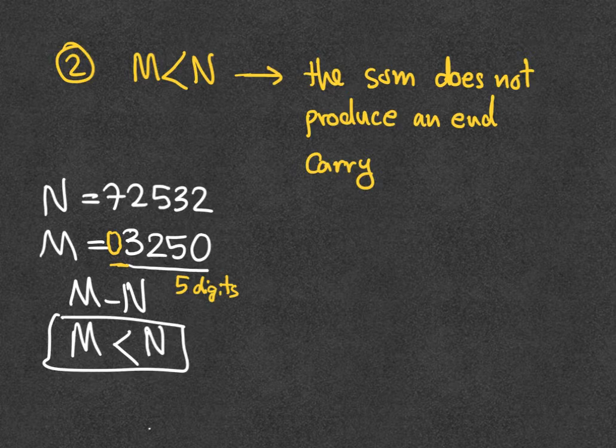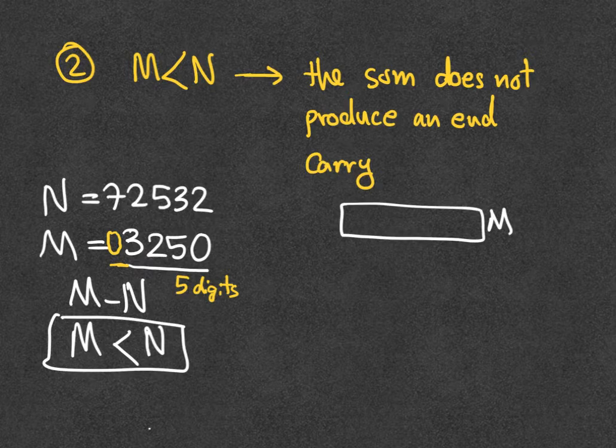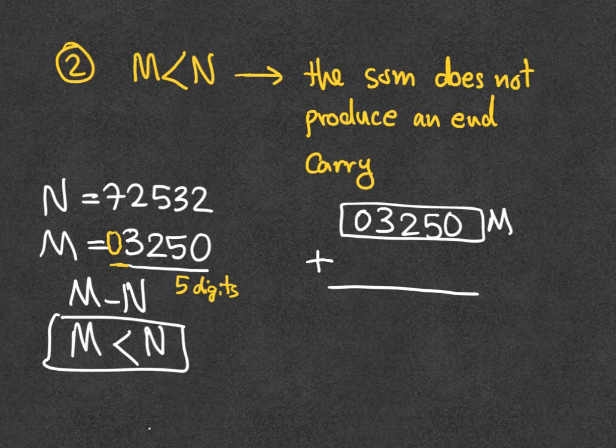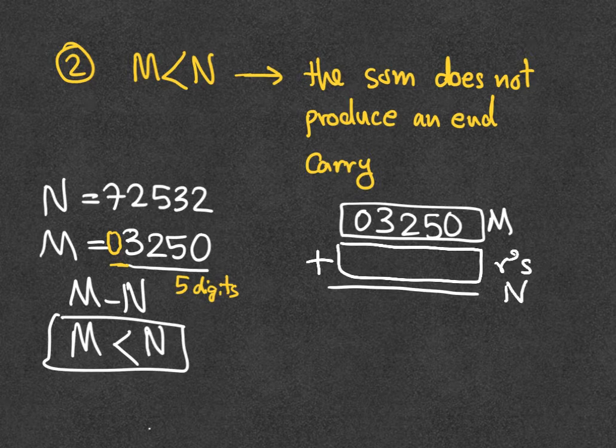So you want to do this subtraction, instead of using the normal way, using the complement approach. As I said, you just need to add your m. This is your m. You add m to r's complement of n. Instead of writing n here, you want to do the addition, but here you need to put r's complement of n, which, since this is decimal, is going to be the tens complement of n.